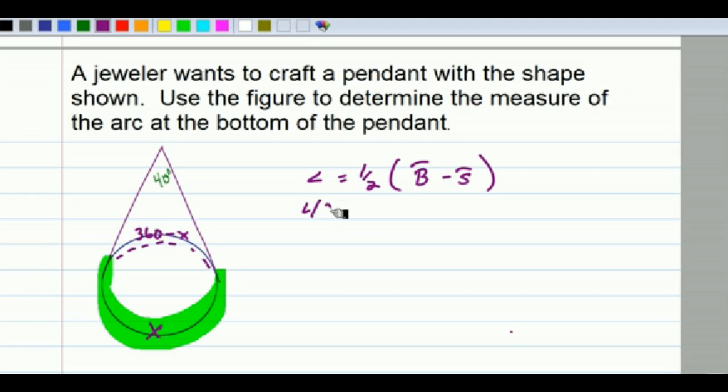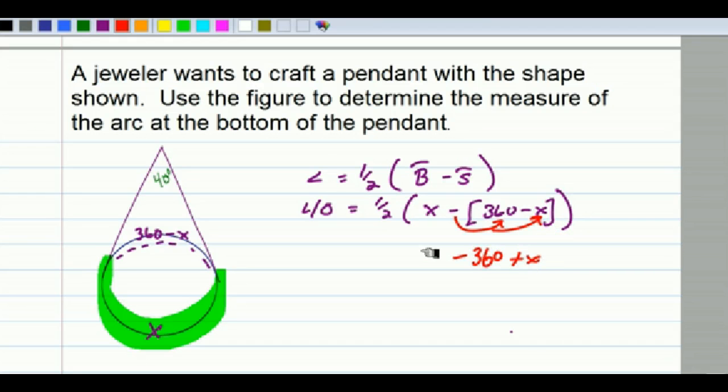So the angle is 40, 1/2, 360, oh, sorry, the big one is not 360 minus x, the big one is x minus (360 minus x). Now be careful, this negative sign needs to be distributed to both. Negative 360 plus x, times 1/2 equals 40.